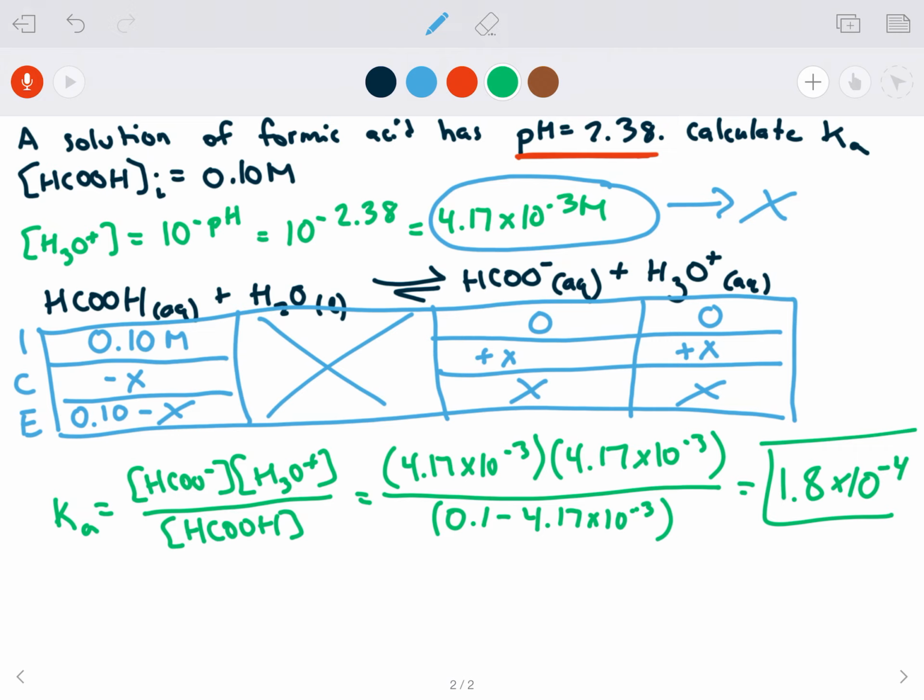So here you can see the interrelationship between pH and pKa, right? And that also means the relationship between Ka and the concentration of hydronium ion. Now another thing we're able to calculate is the percent ionization of an acid.